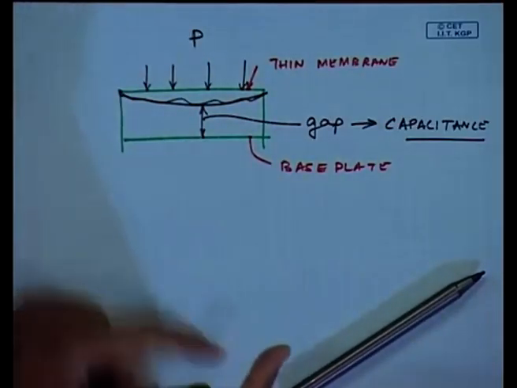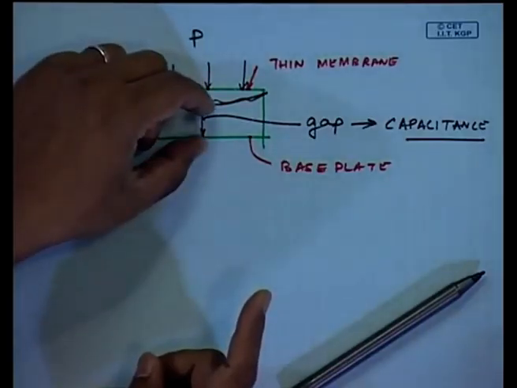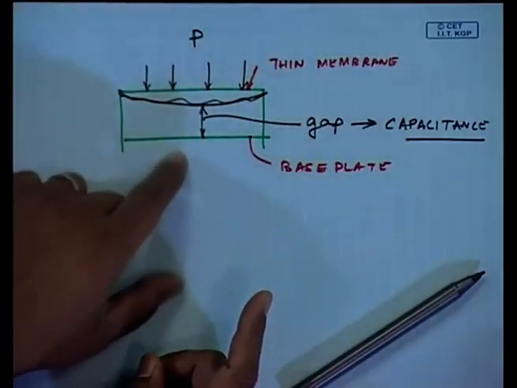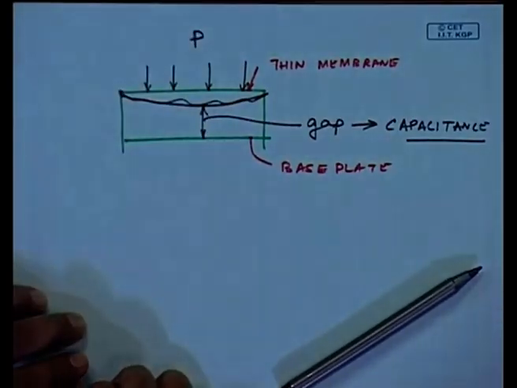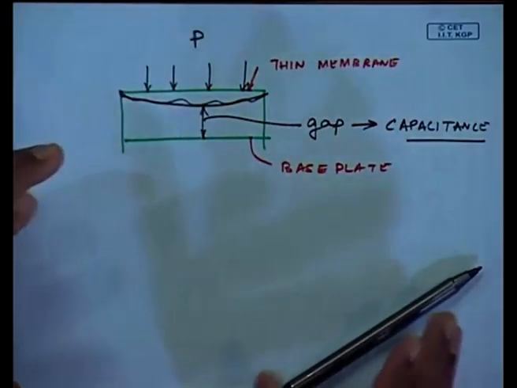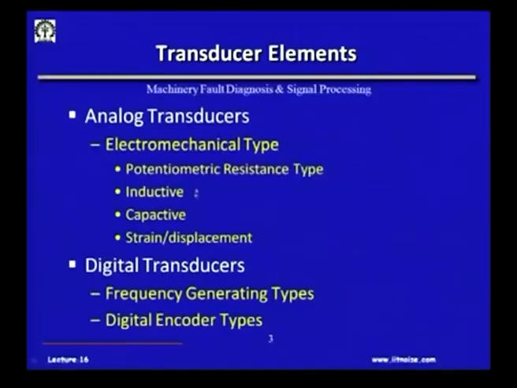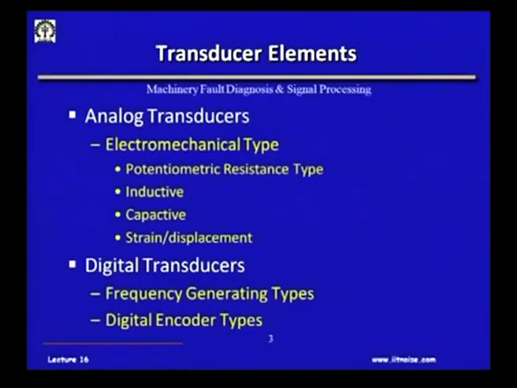Now, the capacitance has changed because the gap has changed, and then we will get a charge which is corresponding to the mechanical pressure P. So, these are what I mean by sensing elements: resistance, inductance, capacitance, strain, etc. And these are used as sensing elements in mechanical systems to measure the mechanical parameter.